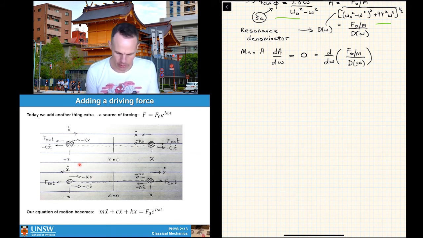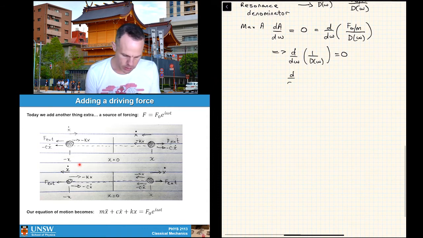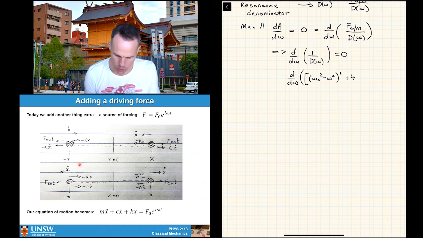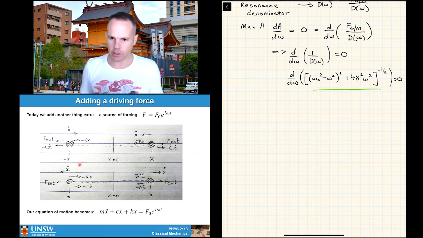So what we're really looking to do here is make d on d omega of 1 on d omega equal to 0. And what this really means is that we want d on d omega of omega naught squared minus omega squared plus 4 gamma squared omega squared, to the minus a half, to be equal to 0. So we need to get the derivative of this thing in here, okay?